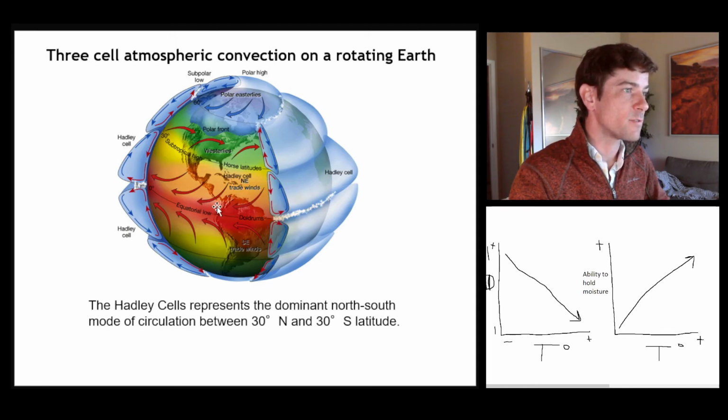In the northern hemisphere, objects are bent to the right. In the southern hemisphere, they're bent to the left, causing these permanent features known as the trade winds. The northeast trade winds and the southeast trade winds, and the westerlies up here, westerlies down here.